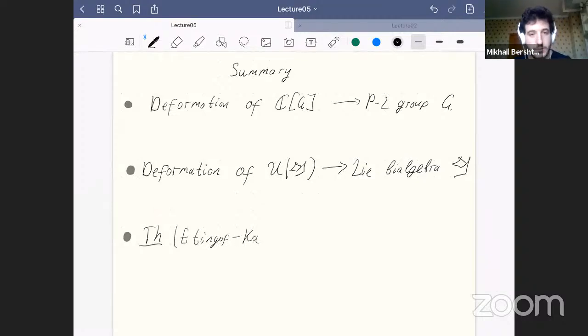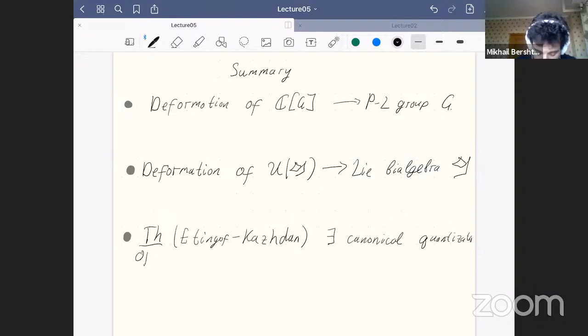That there exists, in some sense, a canonical quantization of any Lie bialgebra.